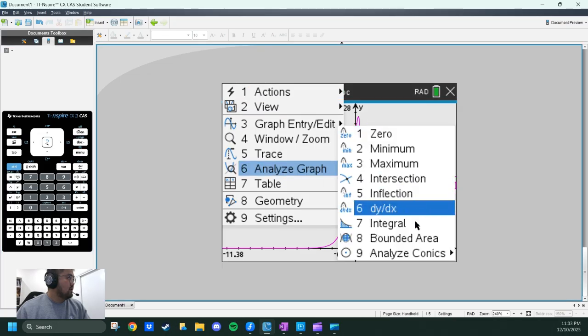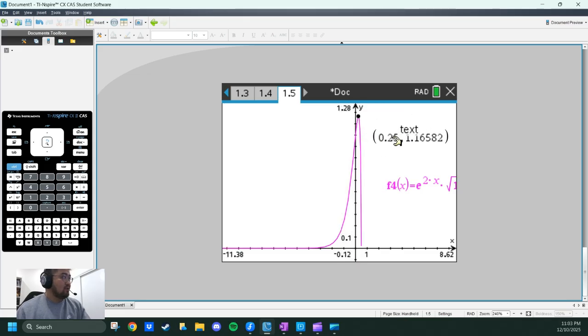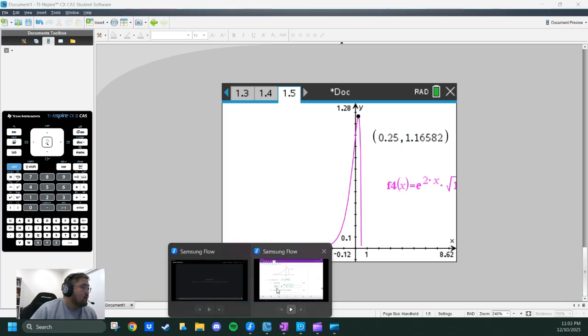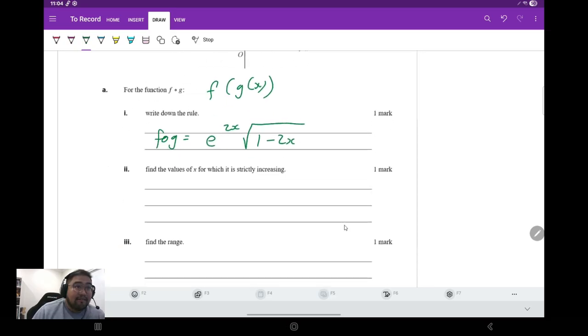Graph, maximum. Okay, so it looks like it goes all the way up to a quarter, and then from a quarter it becomes a negative graph. So you can use calculus for this, but I've just used the graphing feature. So it looks like it's strictly increasing for negative infinity to 1 on 4.